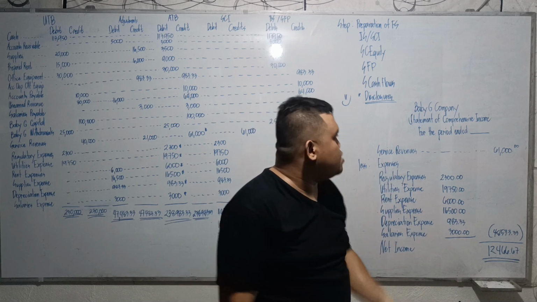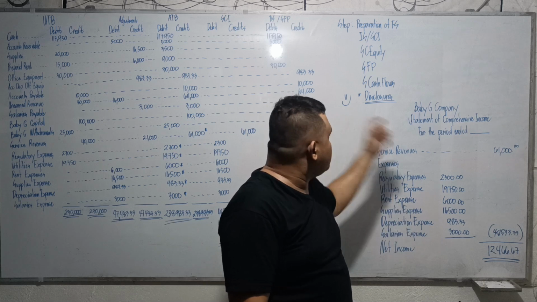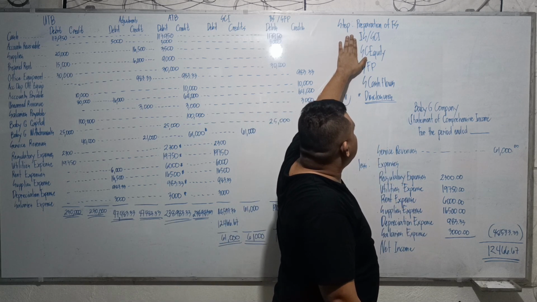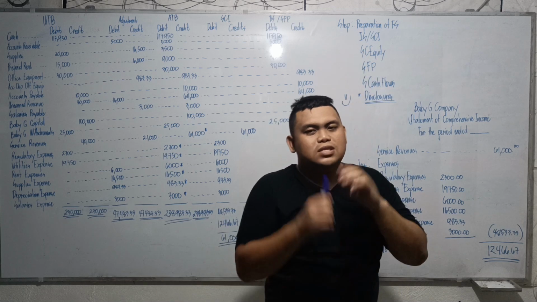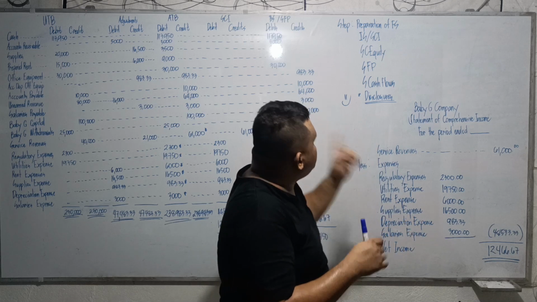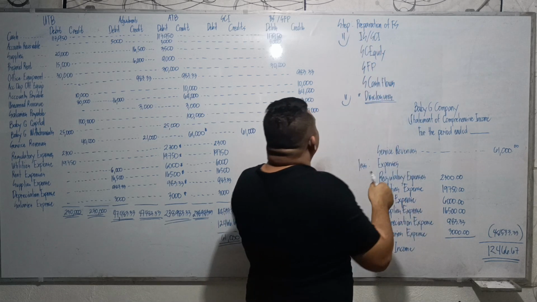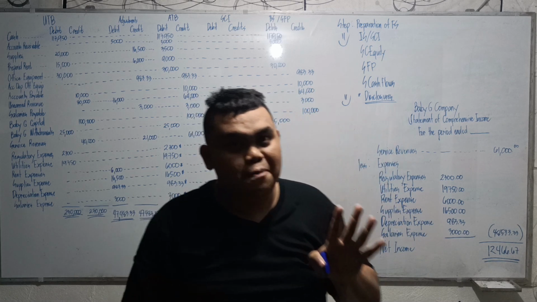And let me emphasize again, this should be the first financial statement that you are going to make. So this is the first in the hierarchy, followed by this one. And you will understand later why. So let's talk about the statement of changes in equity later. So we are at 2 financial statements already out of 5.